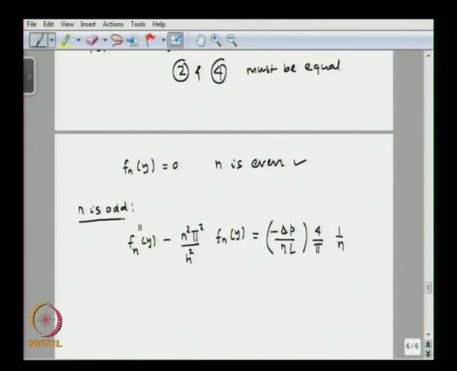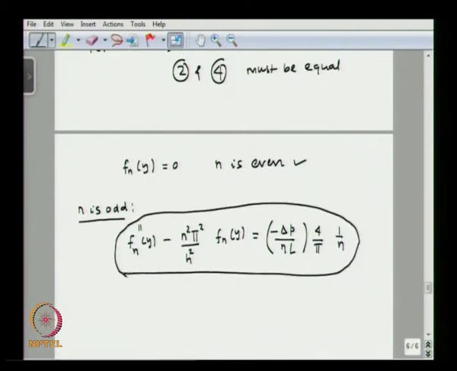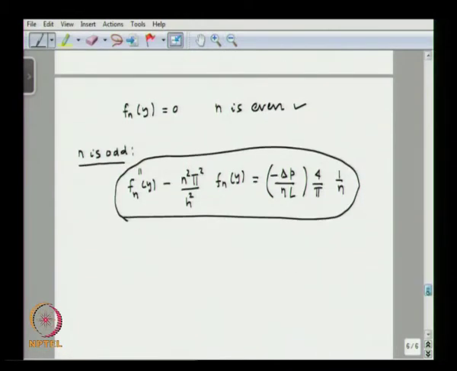And this is when n is odd. Now, if you want to solve this differential equation, it is a second order differential equation and it is an inhomogeneous equation, because the constant part is not 0. Okay. To solve an inhomogeneous equation we need to divide the solution into both homogeneous as well as non-homogeneous solutions.